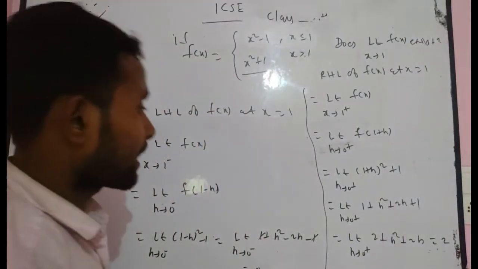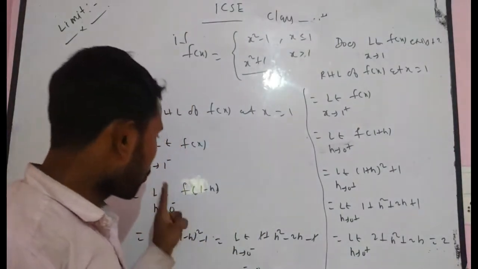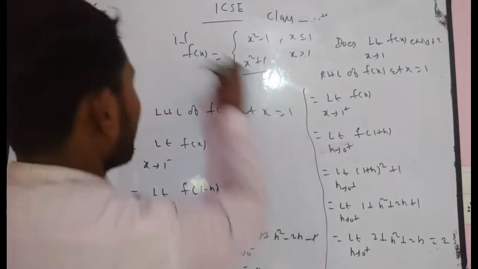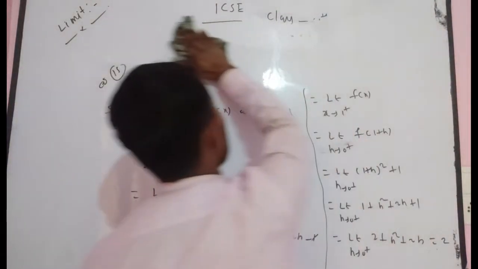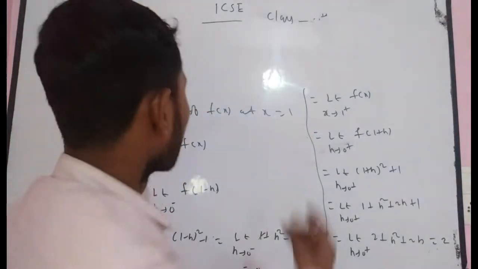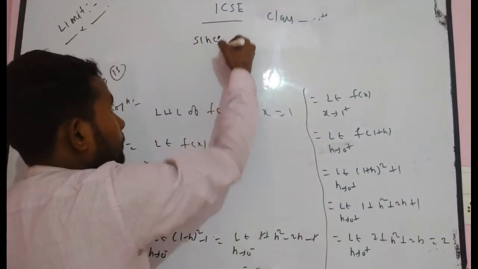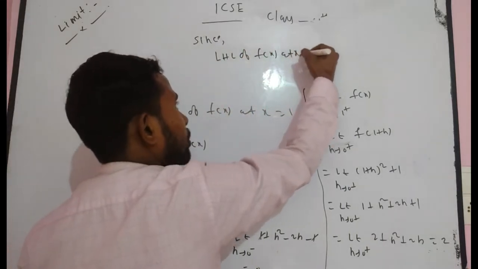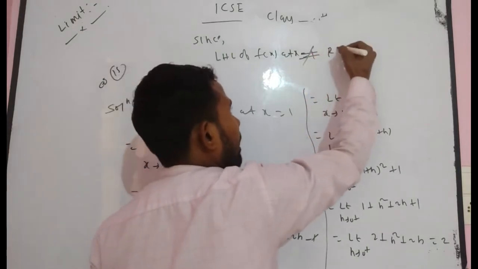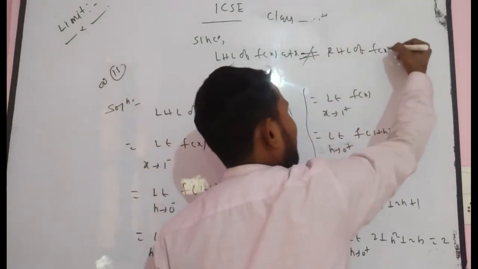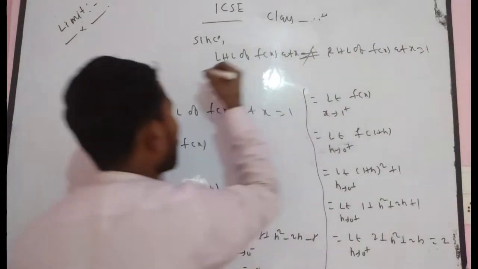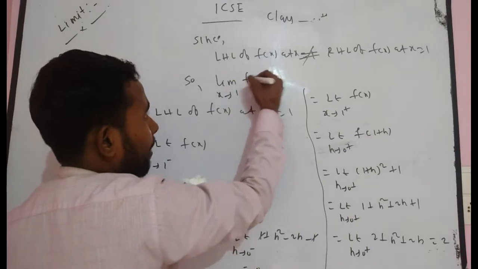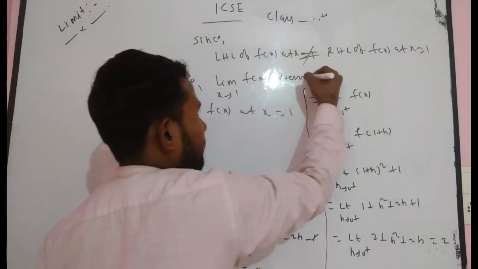Now we observe that LHL is not equal to RHL. In language, you have to write: since LHL of f(x) at x equal to 1 is not equal to RHL of f(x) at x equal to 1, so limit x tends to 1 f(x) doesn't exist.